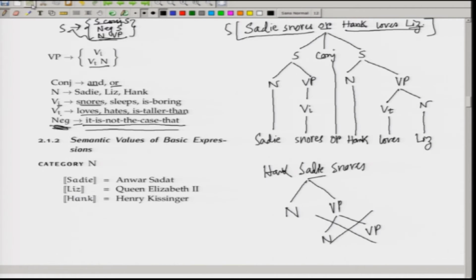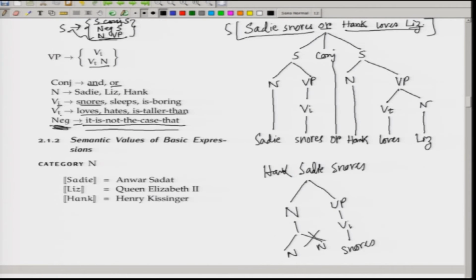So, then what can we do? Can we correct it? Can we do something else with this sentence? Can we do it this way? So, this will be a VP, and VP can go to VI. So, VP goes to VI, and then VI goes to snores. Then can N be divided into N, and this will take Hank and this will take Sadie?